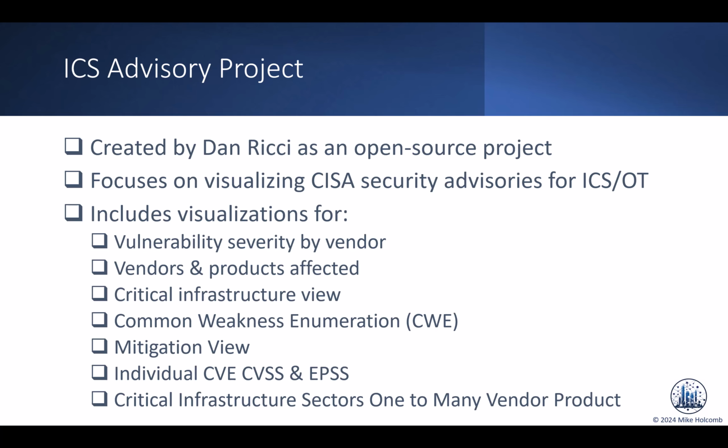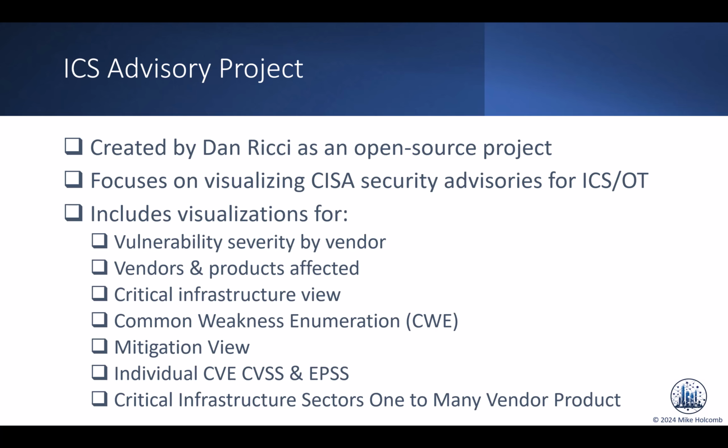You can tell this is a true labor of love, and he's had to put a lot of blood, sweat, and tears into this. He brings into one place all the vulnerability data associated with control systems, looking at it from all of these different aspects.